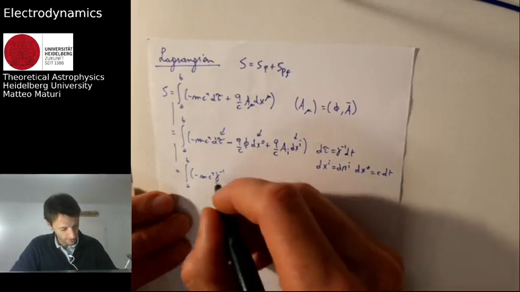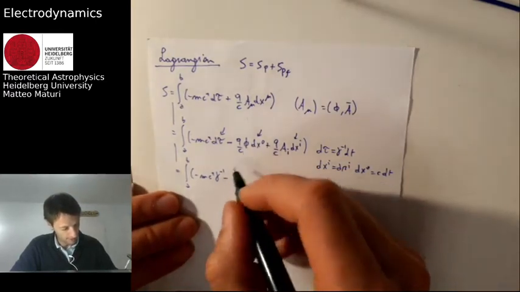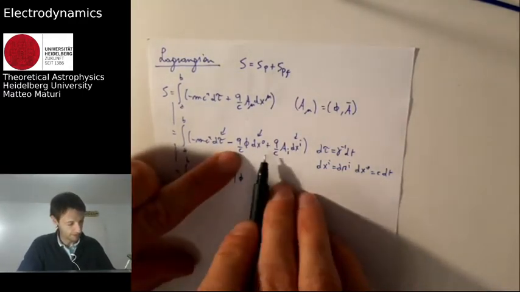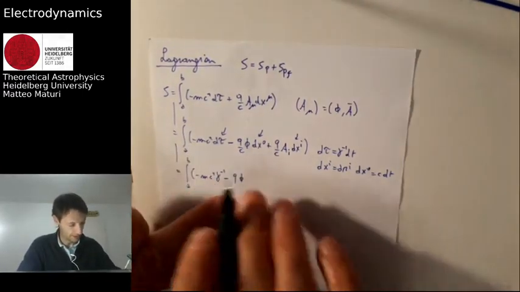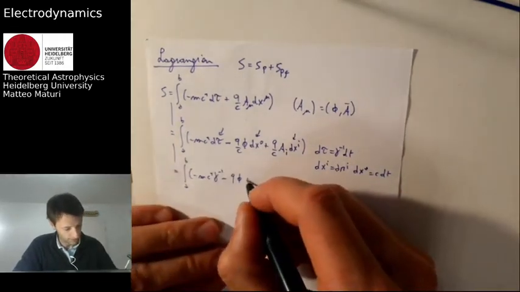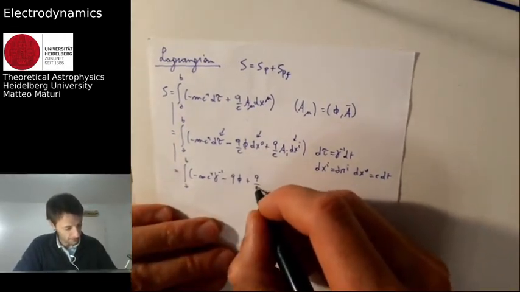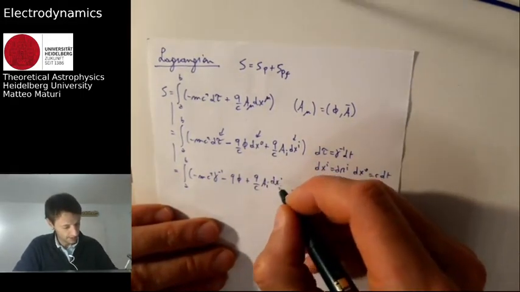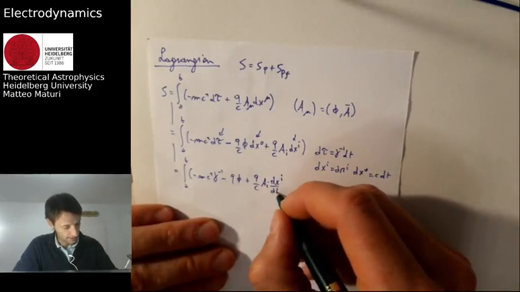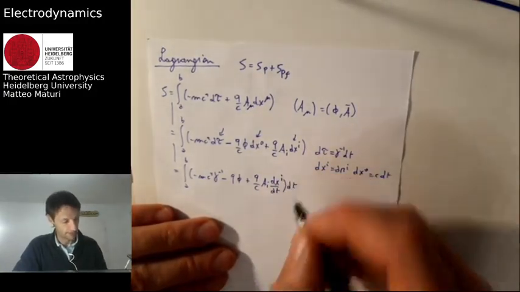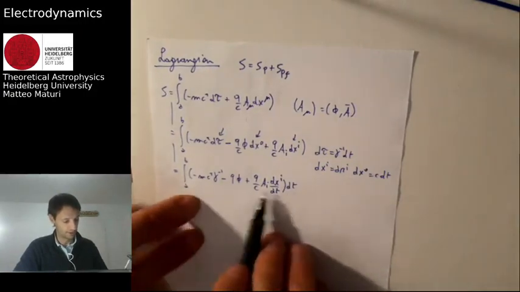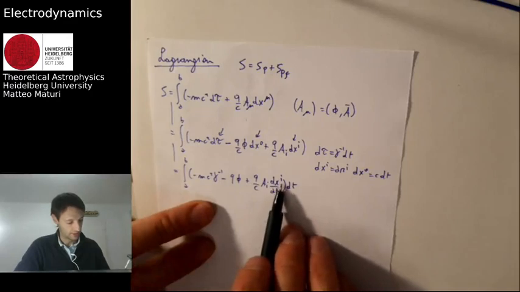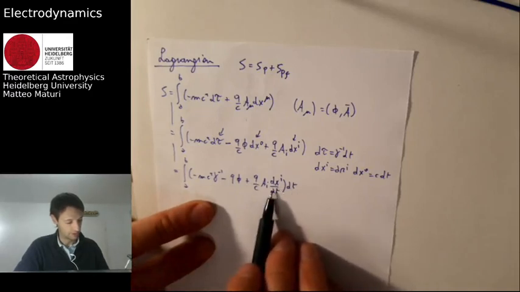Okay, so let's take it as a whole. Then we have minus q phi, because this is c dt, the c drops, and the t also. This one I want to put outside the parentheses, qc A i dx i over dt, dt. Okay, so now you see that this delta t was here, and then I just divided and multiplied by delta t to have it like that.